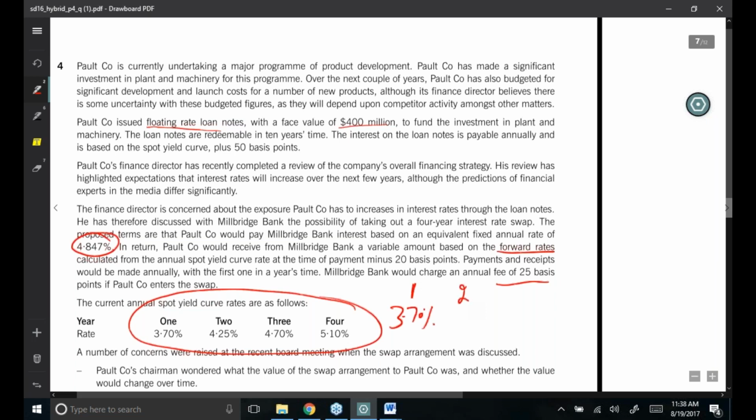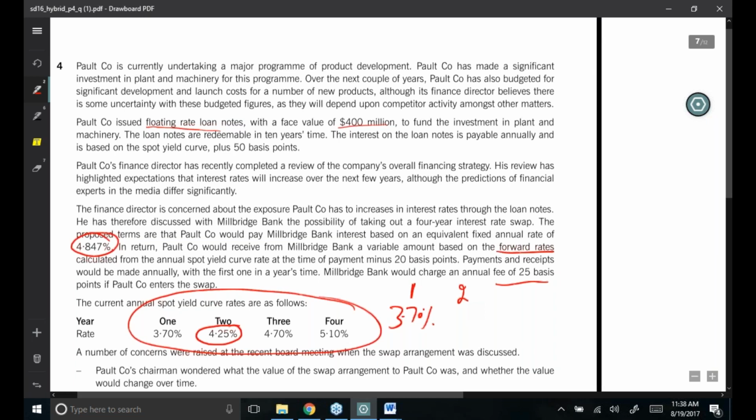What do you mean by this spot yield curve? This means if you invest for 2 years in the government bond, you will receive 4.25% per annum basis, but at the end of year 2.